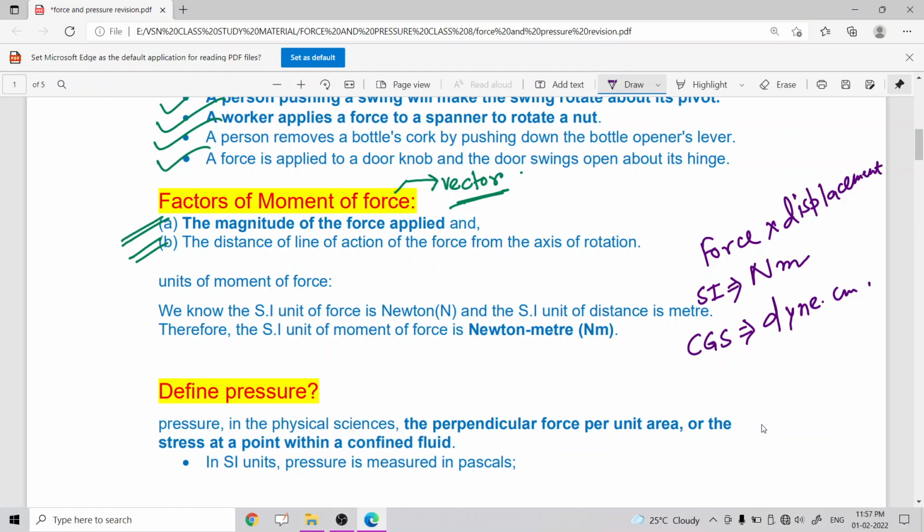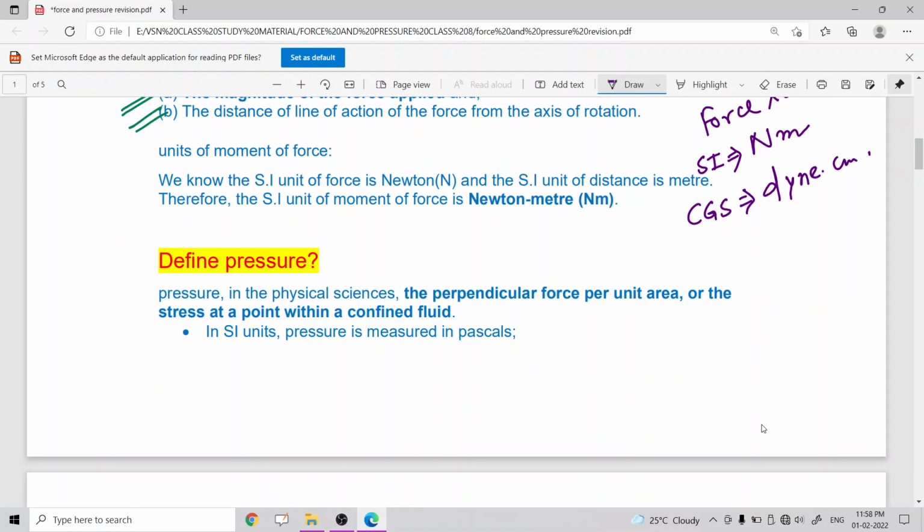That means for work there is no rotational motion or turning effect, but for moment of force we can get the turning effect of force, and also rotational motion of a body about a fixed point called the pivot, or about the axis of rotation.